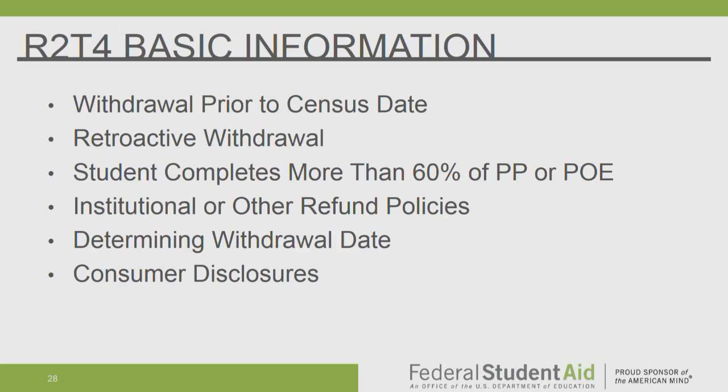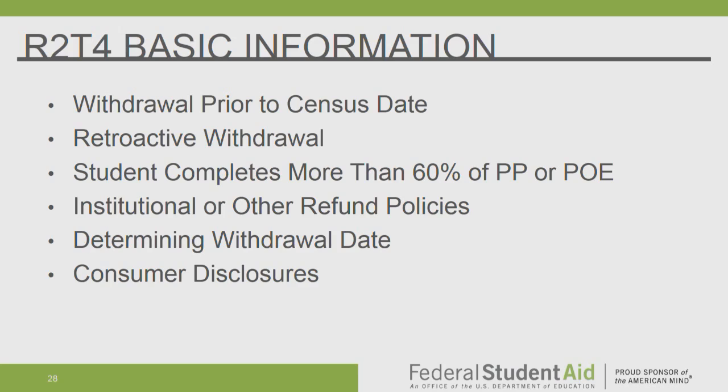Even if you credited the student and you reduced the charges or made it 100% free for the student, you still need to perform an R2T4 if you have a determination that the student attended.